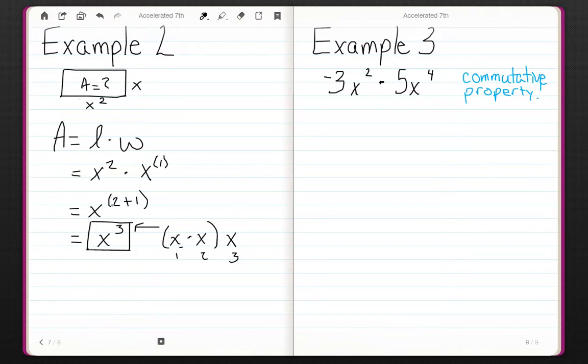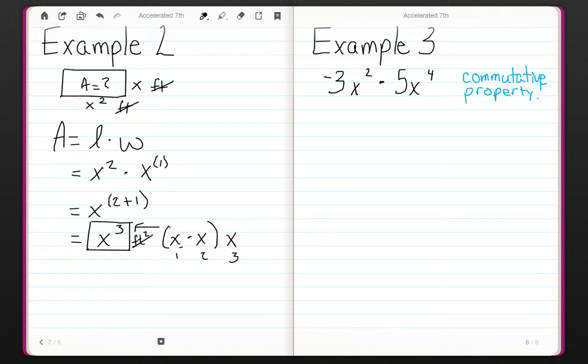This would have units if you were given units, but because I don't have any, I'm not including units at this time. But if it was x feet and x squared feet, it would be x to the 3rd, or x cubed feet squared. If that's confusing, just forget your units right now. We'll talk about units later.